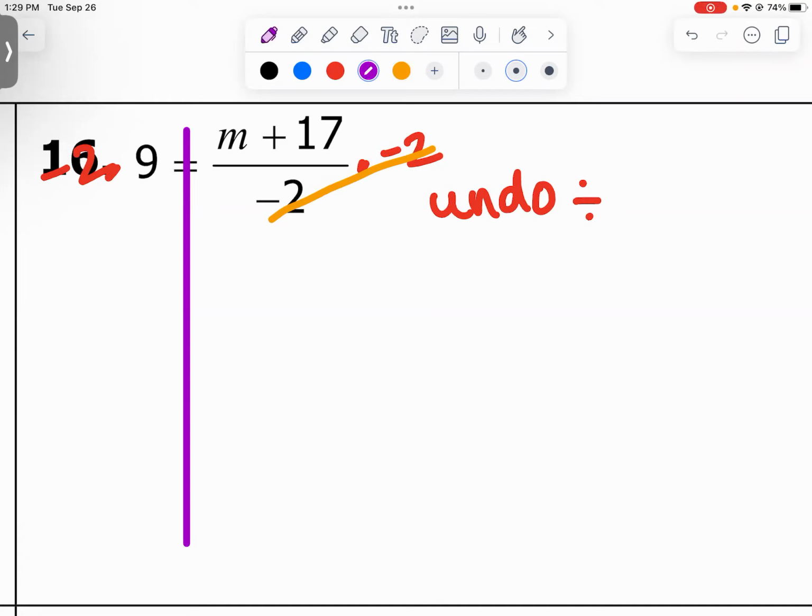Kale, what's -2 times 9? Okay, now, Peyton, how do we undo the 17?